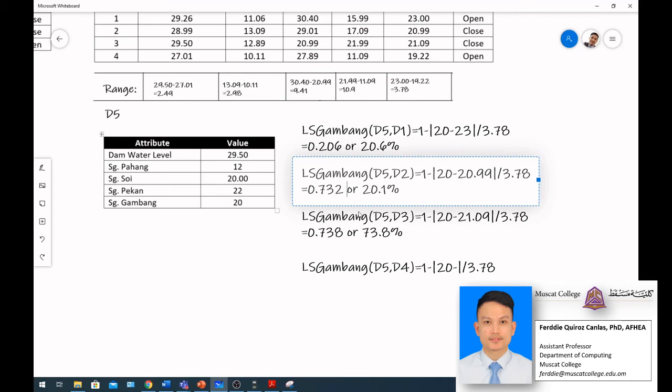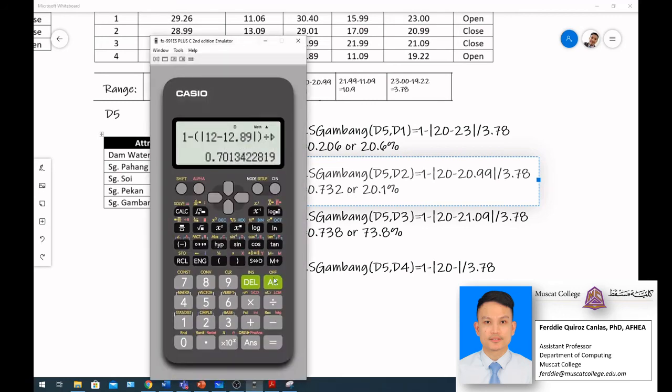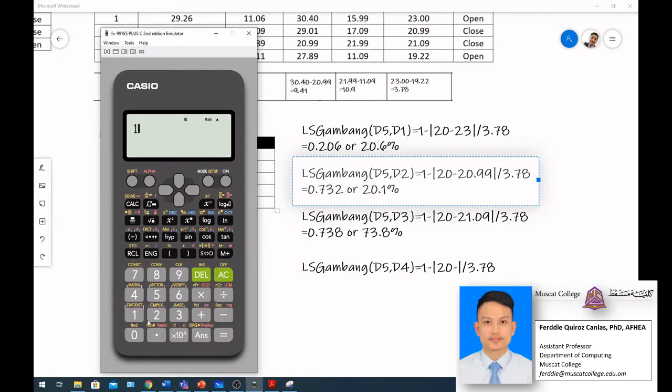I can't hear you clearly there. Let me just see. 1 minus shift absolute value of 20 minus 20.99, close parenthesis out, divided by 3.78. You will get 0.738.